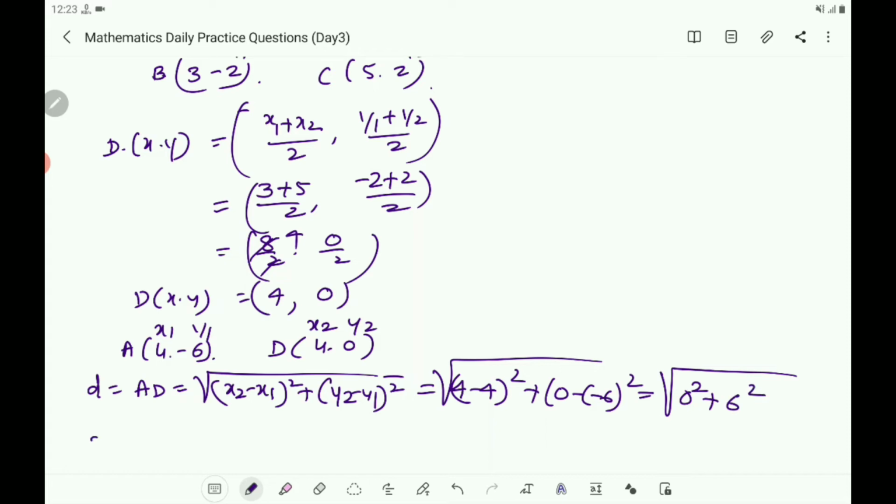So you got AD equals square root of 36, that equals 6 units. AD is equal to 6 units. That is the length of the median AD.